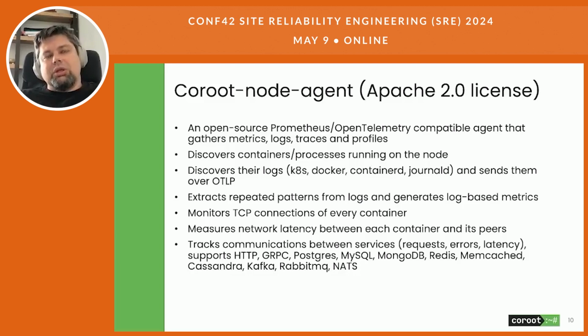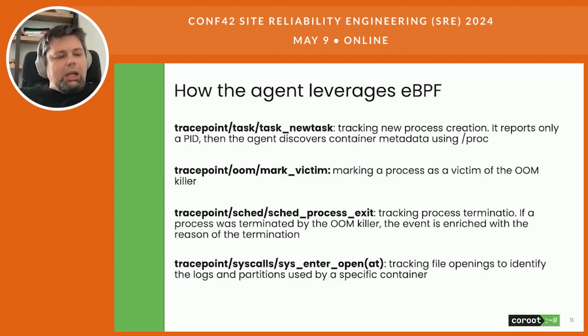It supports the most popular protocols such as HTTP, Postgres, gRPC, Redis, Cassandra, and so on. And let's talk about how the agent uses eBPF. As I mentioned before, we try to use tracepoints. For example, to be able to discover new processes in the system, we use the tracepoint task newtask.